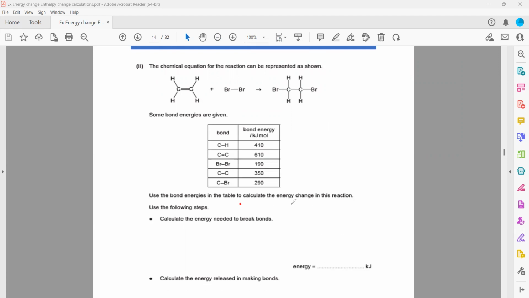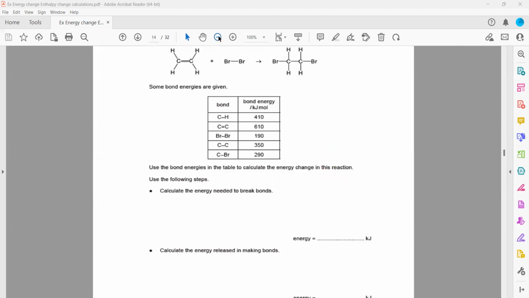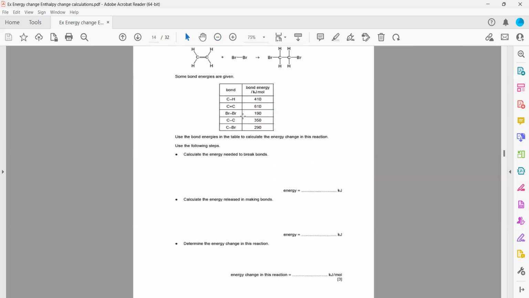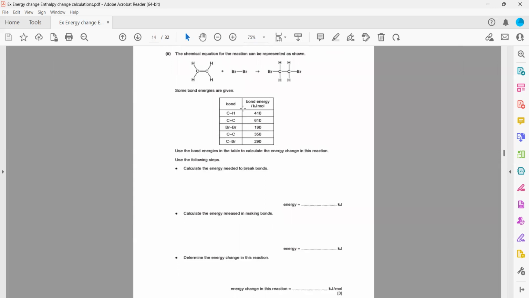Whenever a question asks for energy change, it means you need delta H. So, the energy needed to break the bonds. Whenever they ask about bond breaking, you always take the reactant side as bond breaking. So the reactant side is always the bond breaking side. The product side is the bond forming side, where energy is released when bonds are formed, and energy is needed to break the bonds.